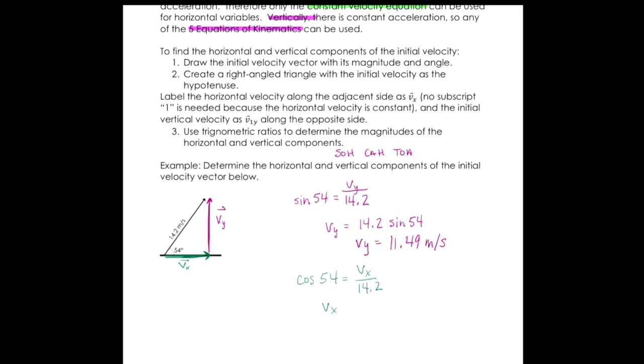Rearrange it, so Vx equals 14.2 times the cosine of 54, and we'll get that Vx is equal to 8.35 meters per second. Both of these will be positive, so you can go through and give them their directions as well. So this would be to the east, and then this would be to the north, just so you can make sure that you're keeping them positive.